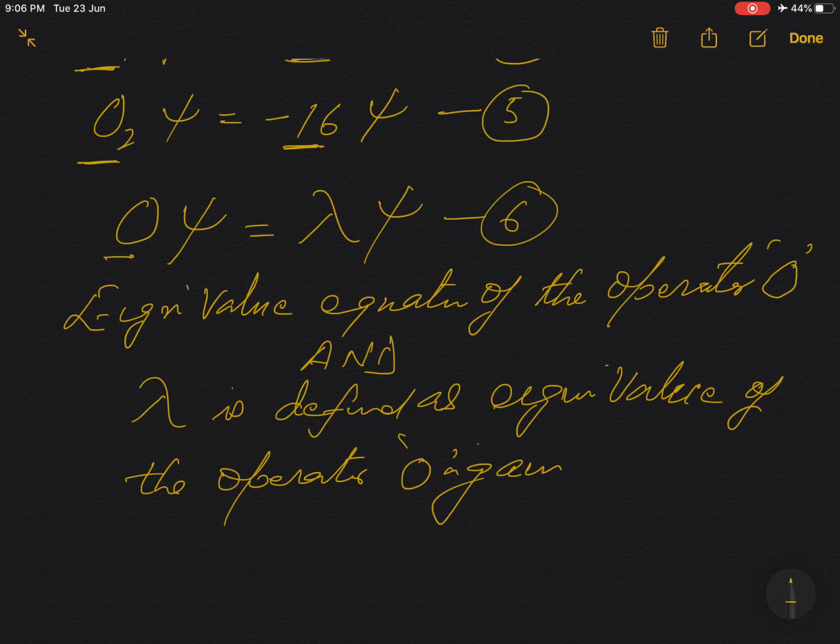So operator operating on psi gives some constant into psi, and very soon we'll come to know how operator and lambda are related to each other. For the time being, this is known as the eigenvalue equation of the operator O, and lambda is defined as the eigenvalue of the operator O. That means everything is connected to the operator.